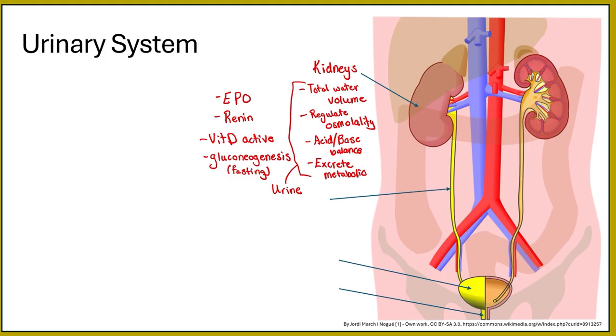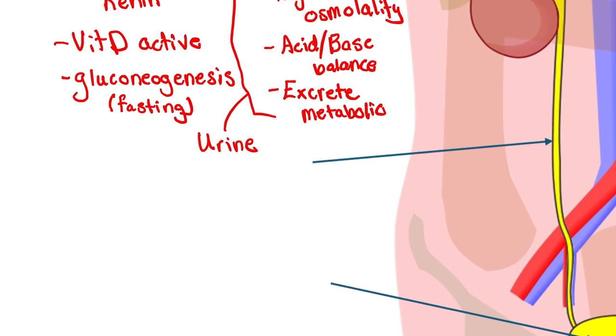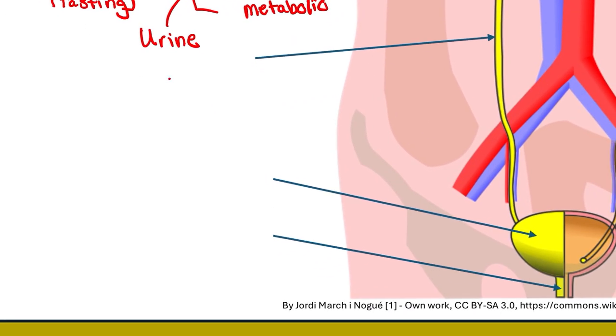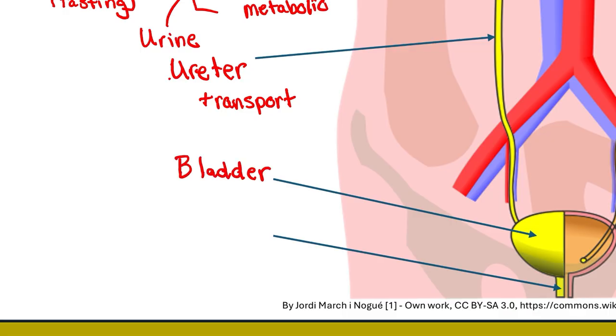All right, from the kidney to the bladder, we have a long tube that is known as the ureter. So this is just going to be involved in transporting the urine from the kidneys to the bladder. The bladder down here is going to serve as a reservoir for the urine.